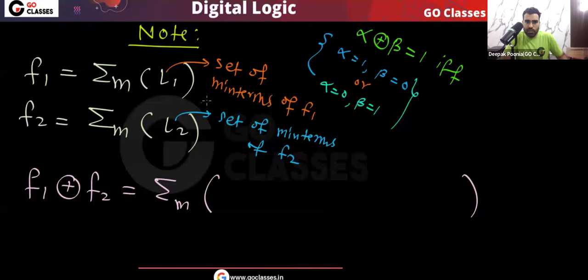Now I can say that I need to take the symmetric difference of L1 comma L2, because I want those row numbers which are present here but not here, or which are present here but not here. Yes or no?